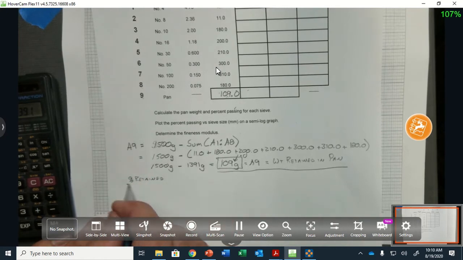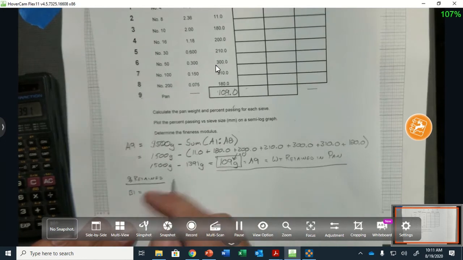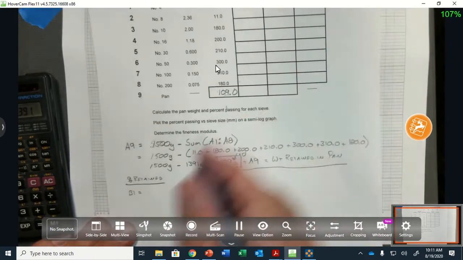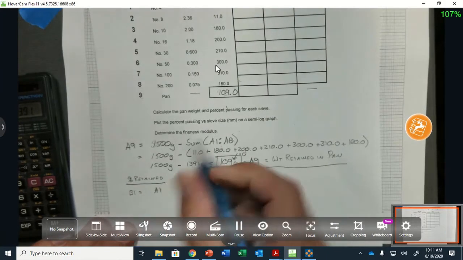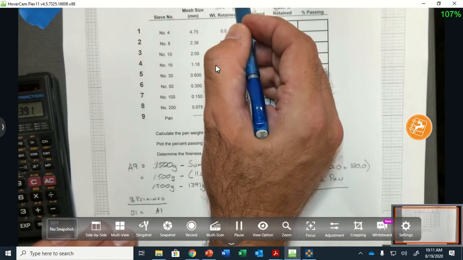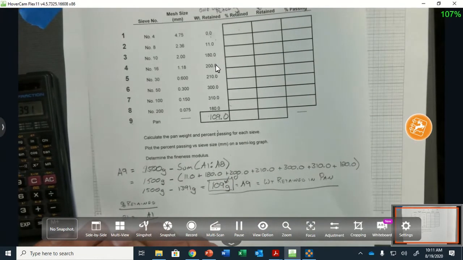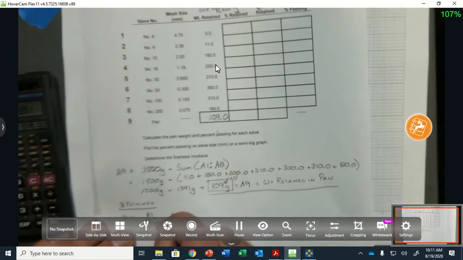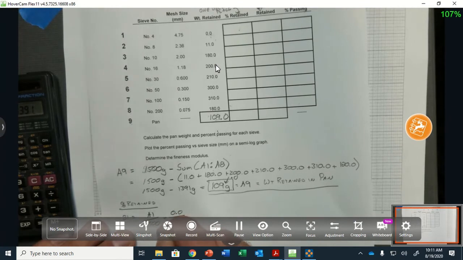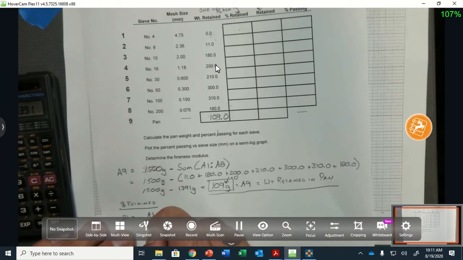Okay, so B1 equals, so I'm going to take A1, number A1 is 0.0, divided by my unwashed weight, which is 1,500. So that equals 0.0 divided by 1,500. And then we multiply it by 100. Sorry, I forgot about that.